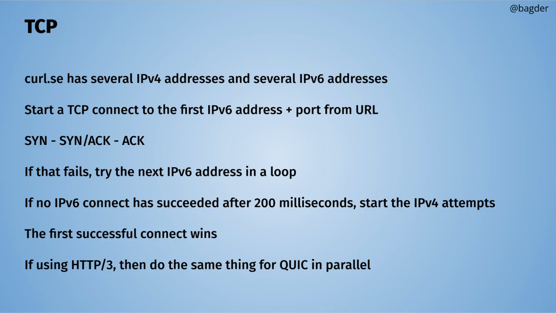And of course, if there are no IPv6 addresses provided for this particular host name, we don't try any IPv6 addresses, and vice versa. So it'll use what it has, and if any of those address families run out, for example, if all IPv6 addresses fail immediately, we will of course start the IPv4 attempts right away, not wait for anything.